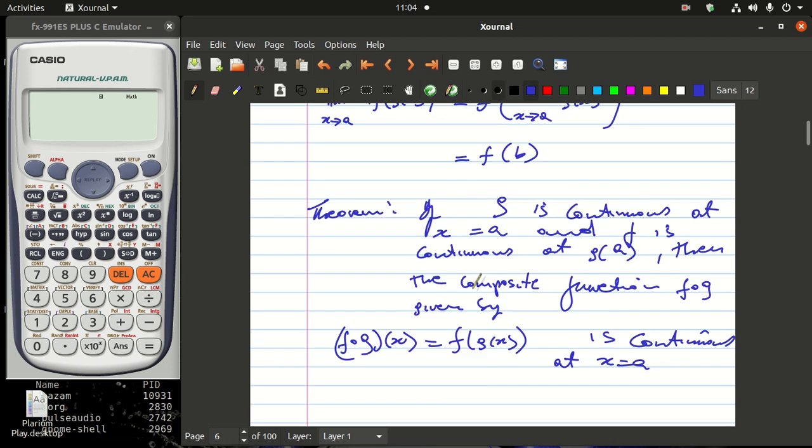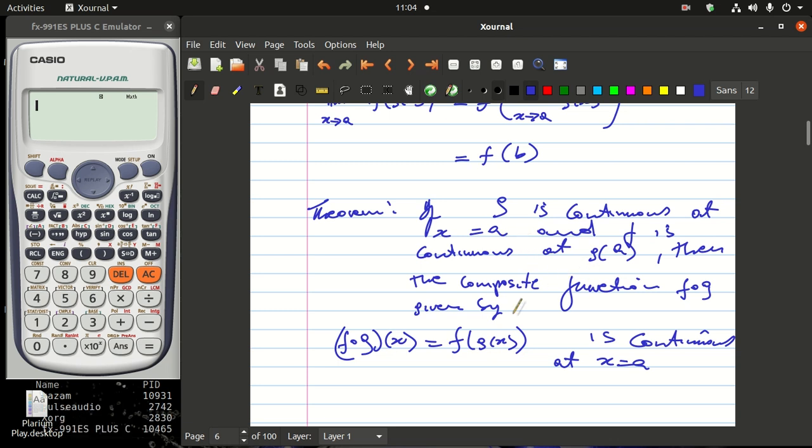And then this one is saying both these two functions are continuous. This one is continuous at x is equal to a, and because this one is an inside function inside f of x, then the output of that function at this particular point must also be a point whereby f is continuous.